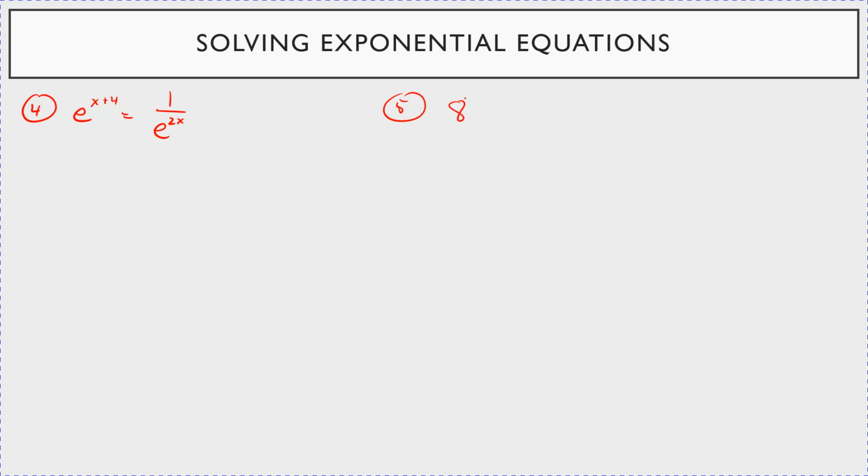Let's look at 8 to the 1 minus x power is equal to 4 raised to the x plus 2 power. And what you should do is, I'm going to be quiet for a couple seconds. I encourage you to pause the video, pause the lecture as you're doing this. Try to work these problems out, right? And then come back, unpause the video and see if you get the same solution I do.